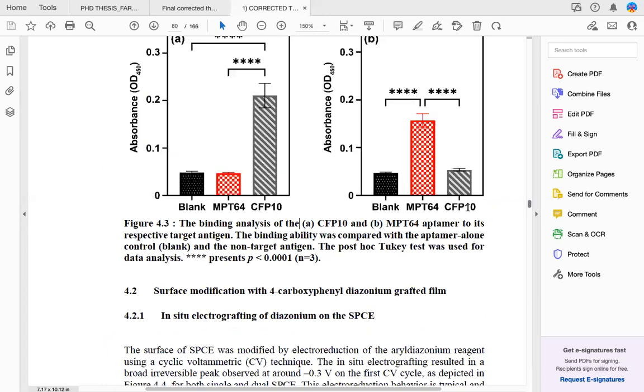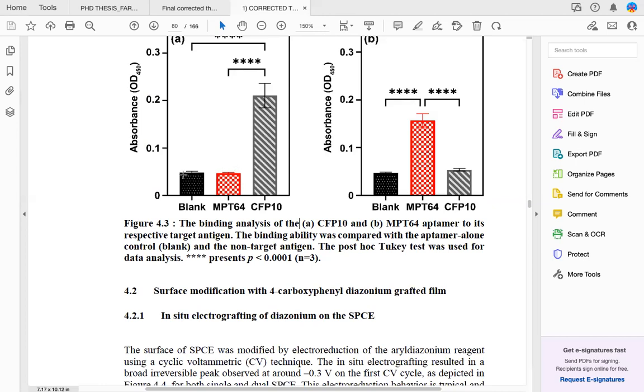Okay, let me open the PDF. So I want you to observe a few things. One is, of course, the quality of the figure. Clearly, you need to have a very clean figure.